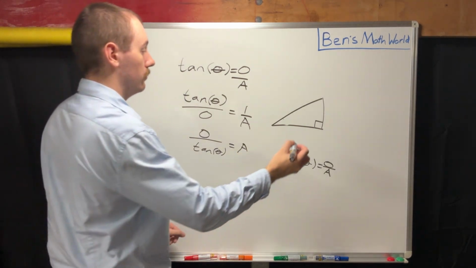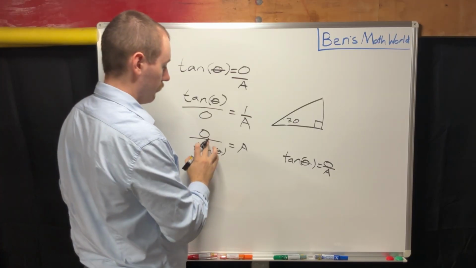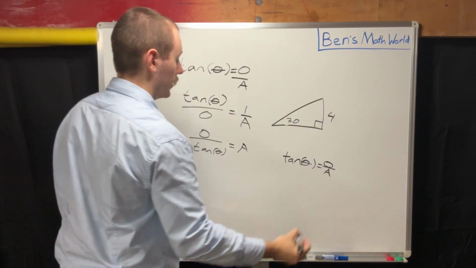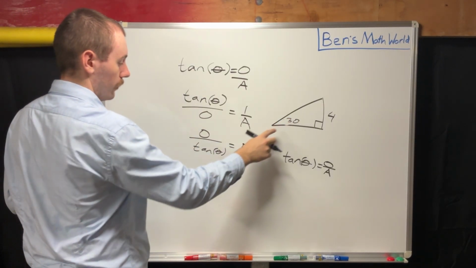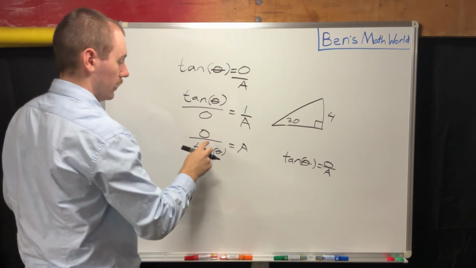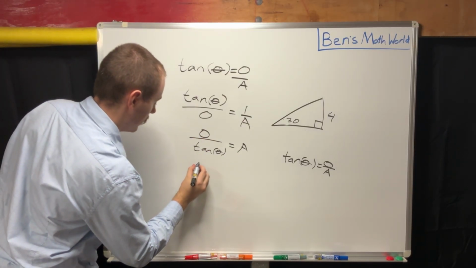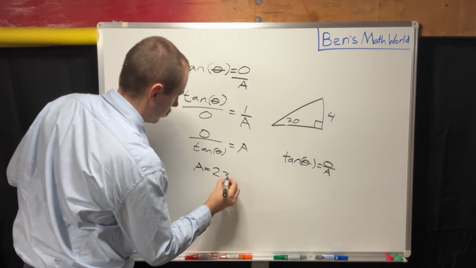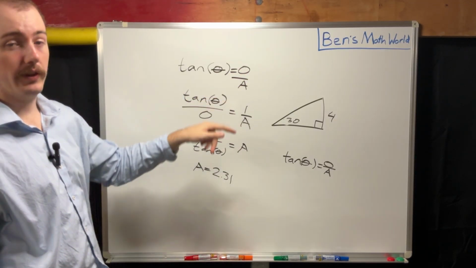Now in this question, we're going to have theta be equal to 30, and we're going to have the opposite be equal to 4. Okay, so now we're going to plug the 30 into here and the 4 into here on the O, and we get that a is equal to 2.31.